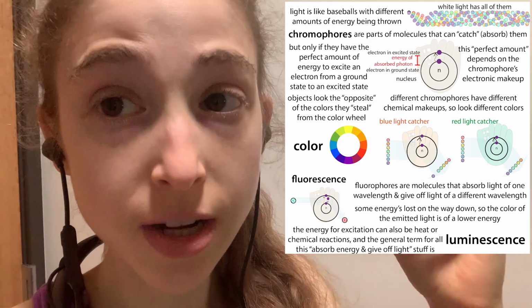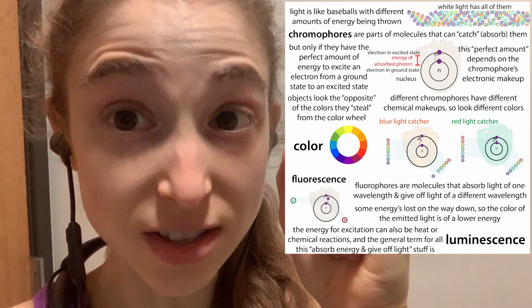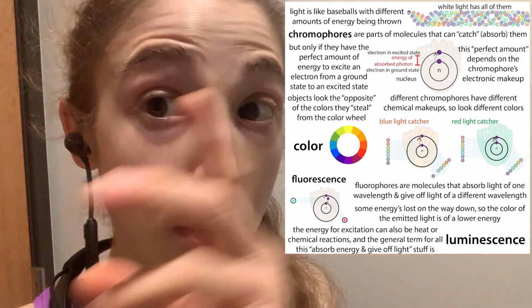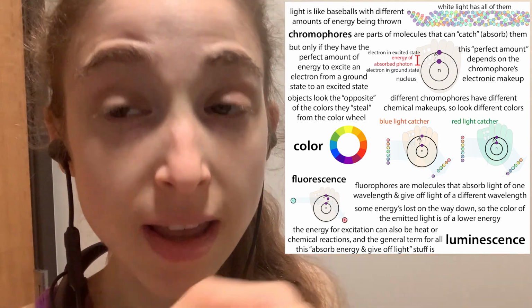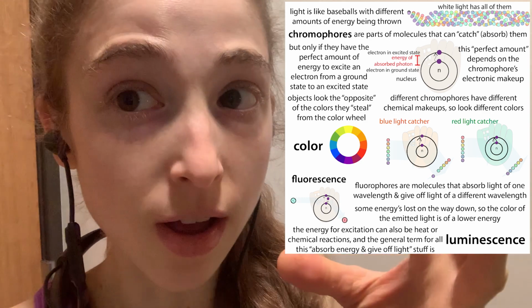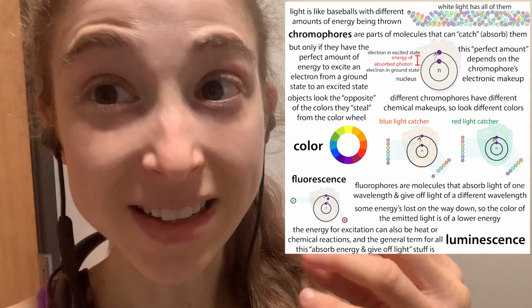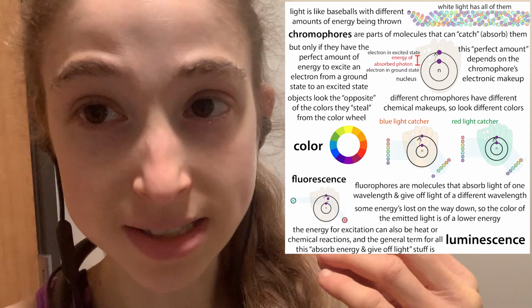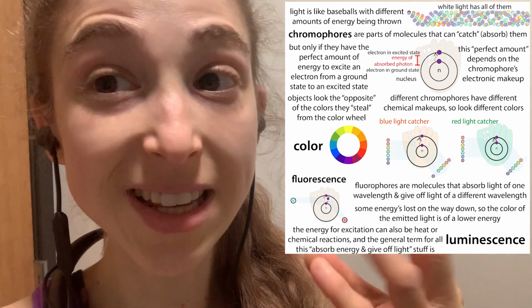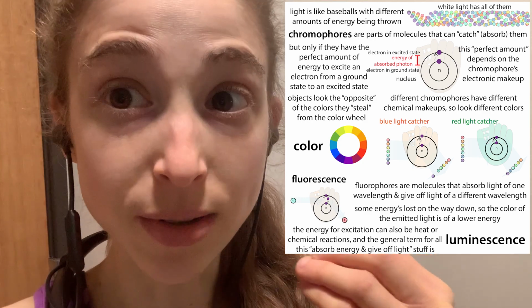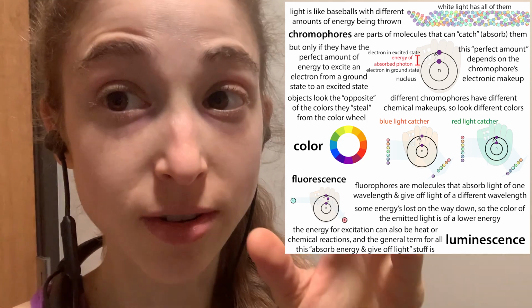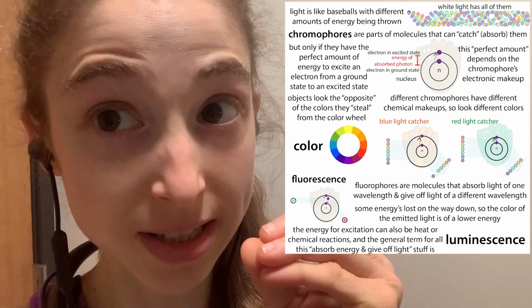So absorption: light that comes in is stolen. The light that remains is transmitted. If you have light that's given off anew, light is emitted. With fluorescence and luminescence, we're measuring emitted light. And with dye-based methods, we're measuring the absorbed light.